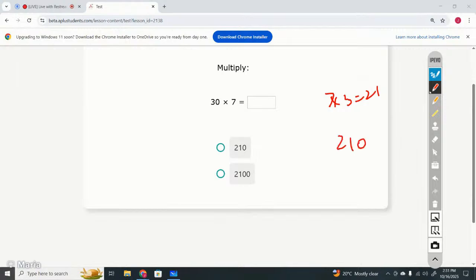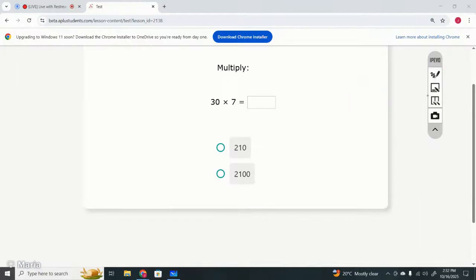Then add a 0, so that would be 210. Option number 1 is the correct one.